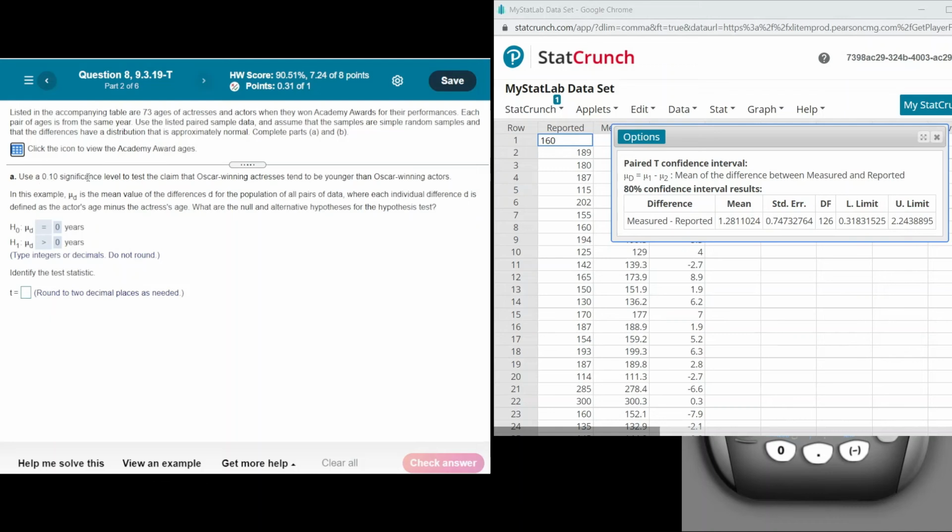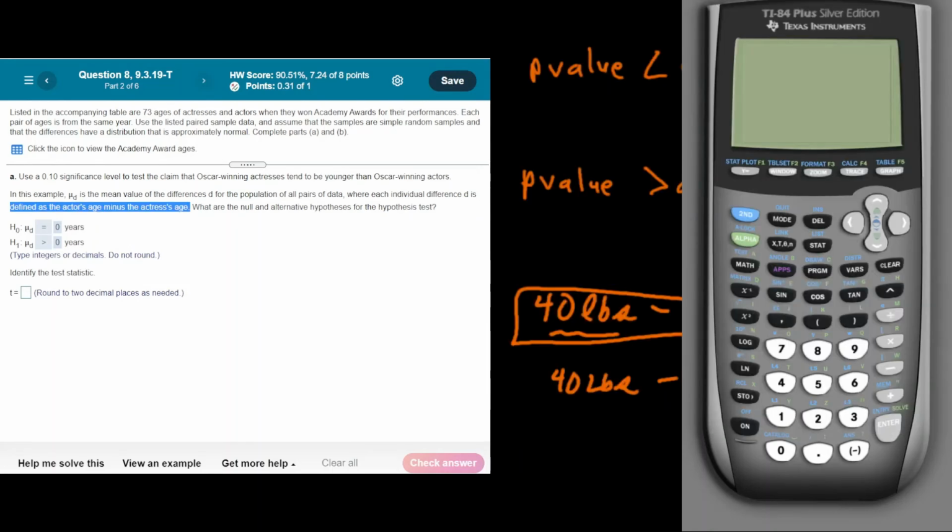Use a 0.10 to assess a claim. Okay, they already defined everything. If they ask us more nonsense like that, I'm going to choose the opposite of the right answer, basically. And that's just so lame. That's not the way mathematics is supposed to be. But it's whatever. Okay, it's defined as actor's age minus the actress's.